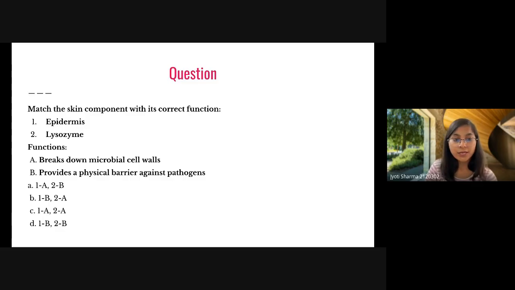The functions are: A, breaks down microbial cell wall, and B, provides a physical barrier against pathogens. You need to match the skin component with its function. So we have A, B, C, D. Can you tell me the right answer for this?